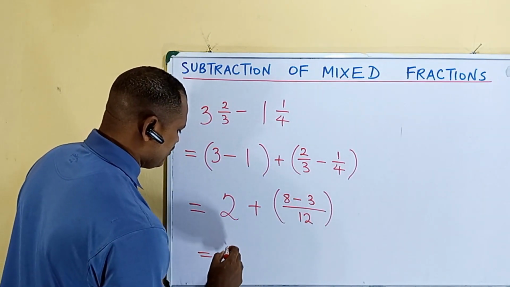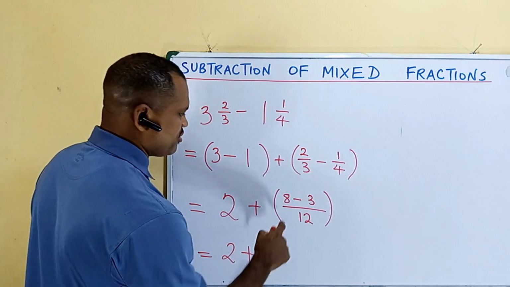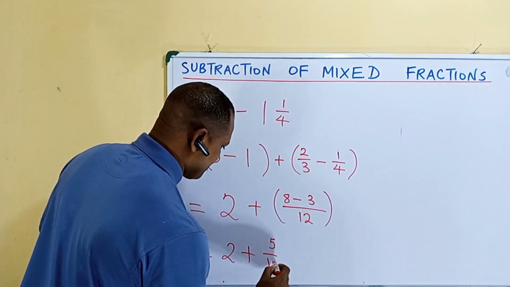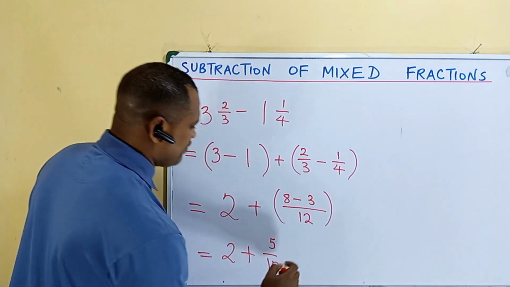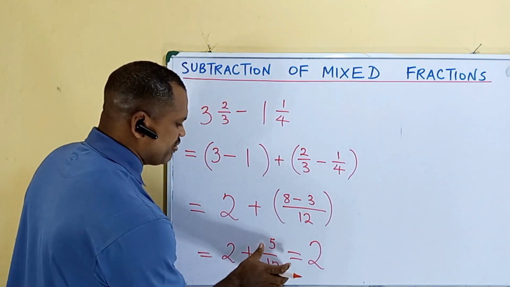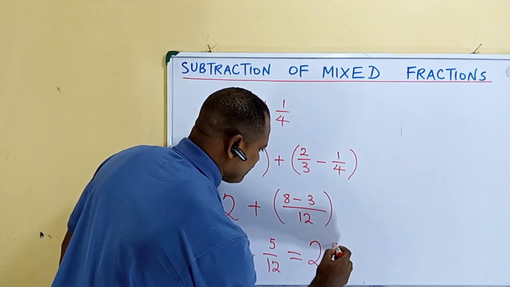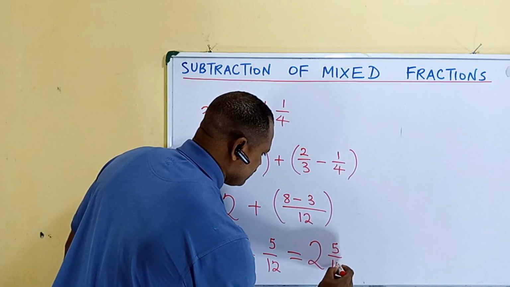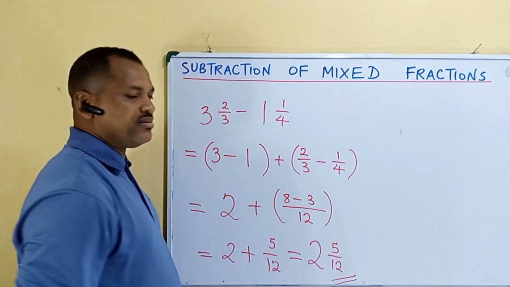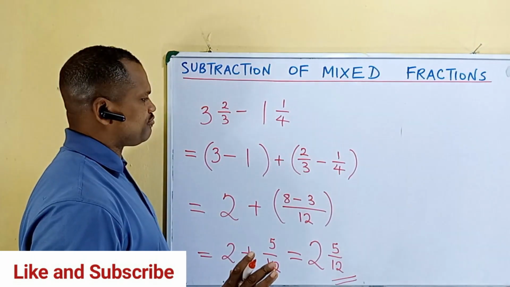So we have 2 plus 8 minus 3 is 5. 5 over this 12. And so the answer will be this 2 whole number, we'll bring this one here, 5 over 12. As simple as that. Simple.